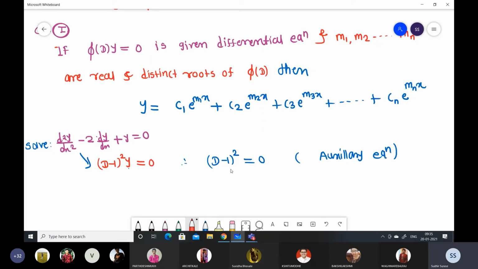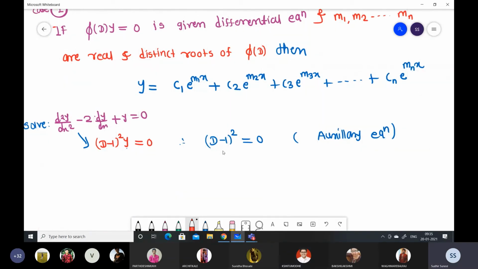Can you tell me the roots in this case? What will be the roots? Plus 1. Only plus 1? Yes, sir. Only plus 1, but you have to say it 2 times. If I write it this way, (D minus 1) into (D minus 1) is equal to 0.